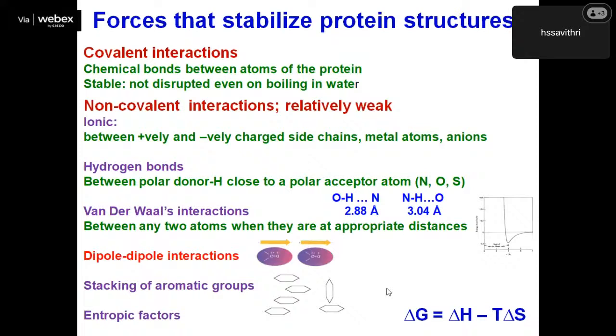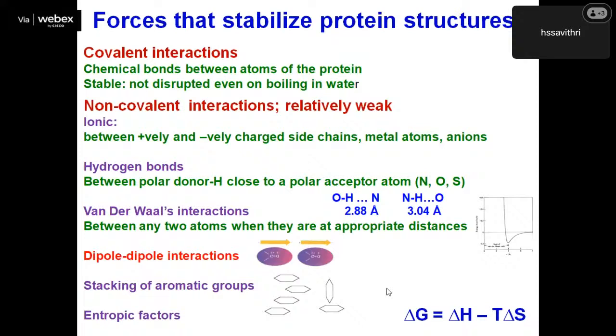This is a small attraction between any two pairs of atoms. What do van der Waals interactions do? They make the interior of the protein very dense with atoms. Van der Waals interactions become large when atoms are crowded. If they are not crowded, then these interactions don't exist and it will actually not be that stable.